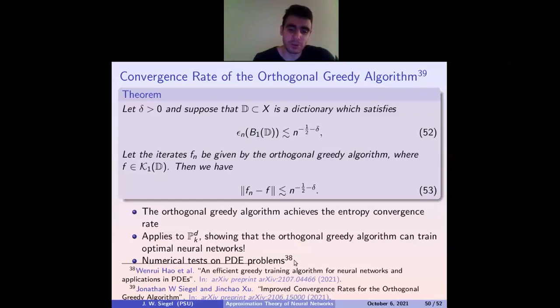We have some recent numerical results where we test this on PDE problems in dimensions 1 and 2, in which case this argmax can be solved relatively efficiently. We're working on extending that to higher dimensional problems, more complicated problems.